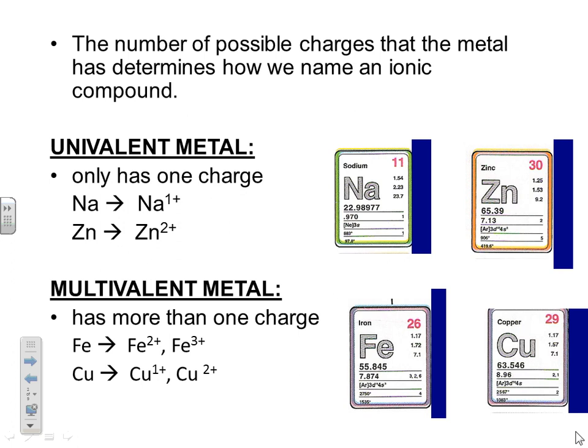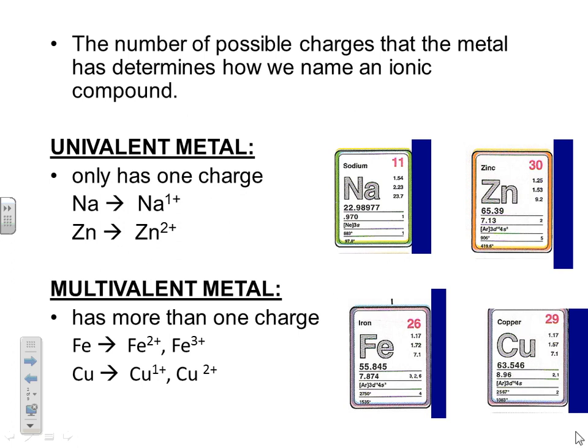The term chemists use to describe an ion that has only one possible charge is univalent. Uni representing one. One valence. One charge. Another word we use in chemistry to describe the charge is the oxidation state.